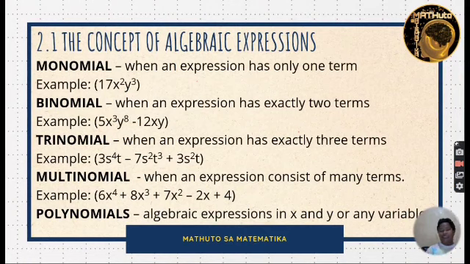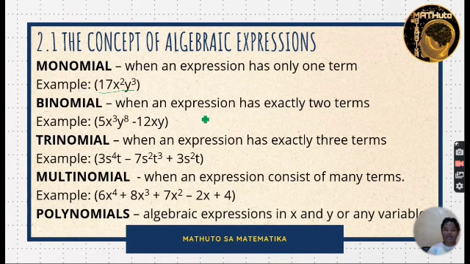So, to define different algebraic expression, we can name expression depending on the number of terms po. If we have an expression which has only 1 term, we called it as monomial, since we have 1 term only.